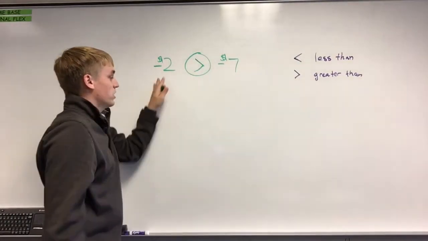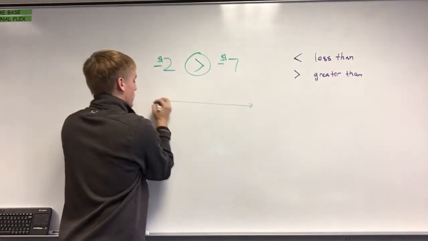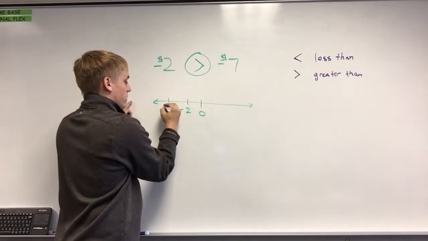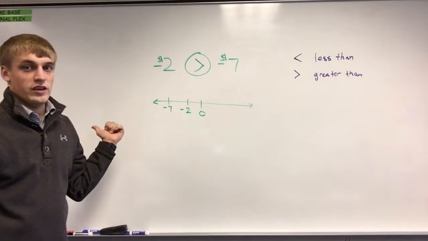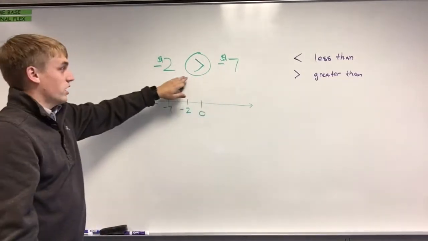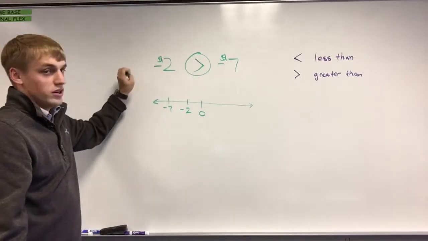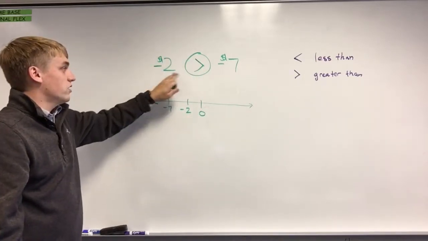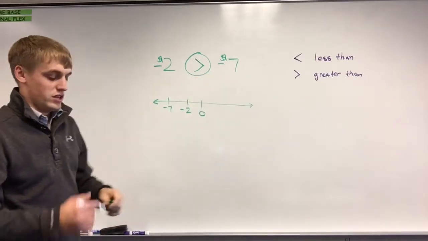Because if we draw it on a number line, 0, negative 2 would be here, and negative 7 would be further left. So because it's further left, negative 7 is smaller. So the mouth eats the bigger number. Negative 2 is bigger, it's further right. So negative $2 is greater than negative $7.